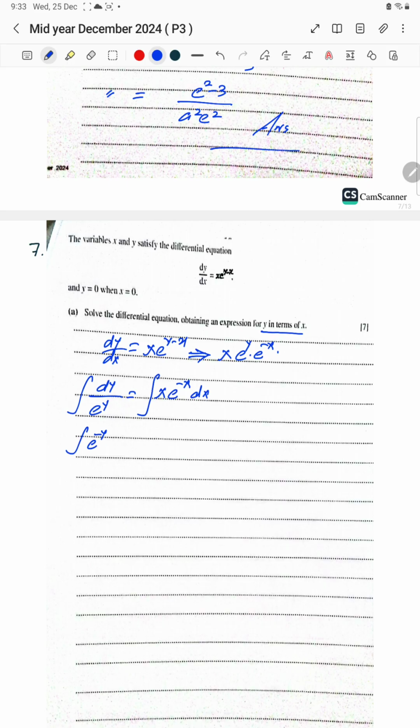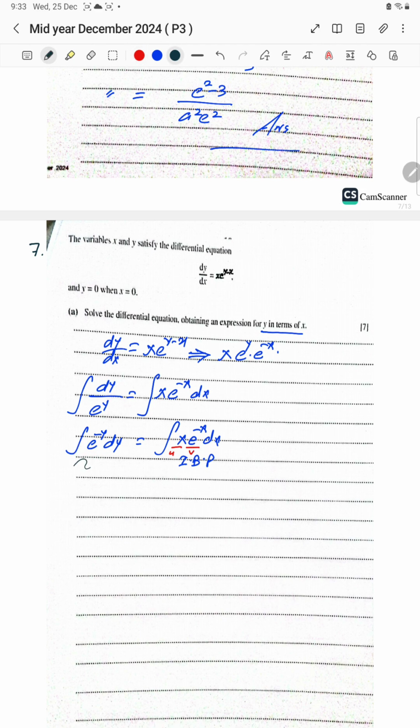This will be integral of e raised to minus y dy equal to integral of x e raised to minus x dx. Here we will apply the integration by parts rule, keeping in mind that u will be the first function, v will come here.